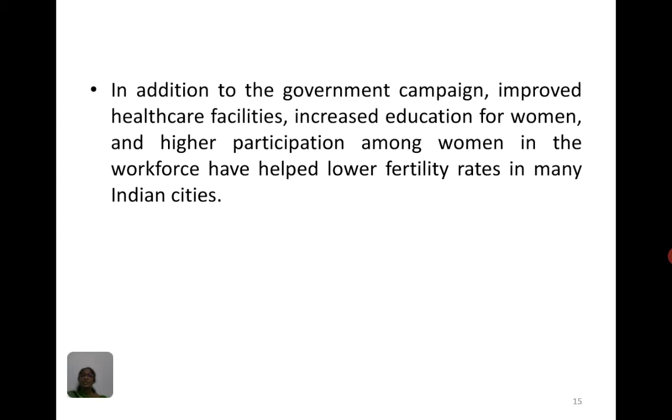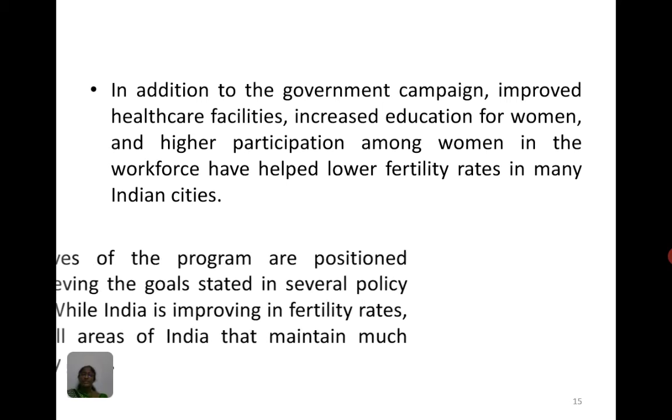Of course, education is one of the contributing factors in the reduction of fertility rates, because educated women can plan for their family, and improved healthcare facilities definitely have contributed in betterment of health conditions of the people in the country. And those women who are working, they also have come forward to a greater extent in adopting family planning measures.